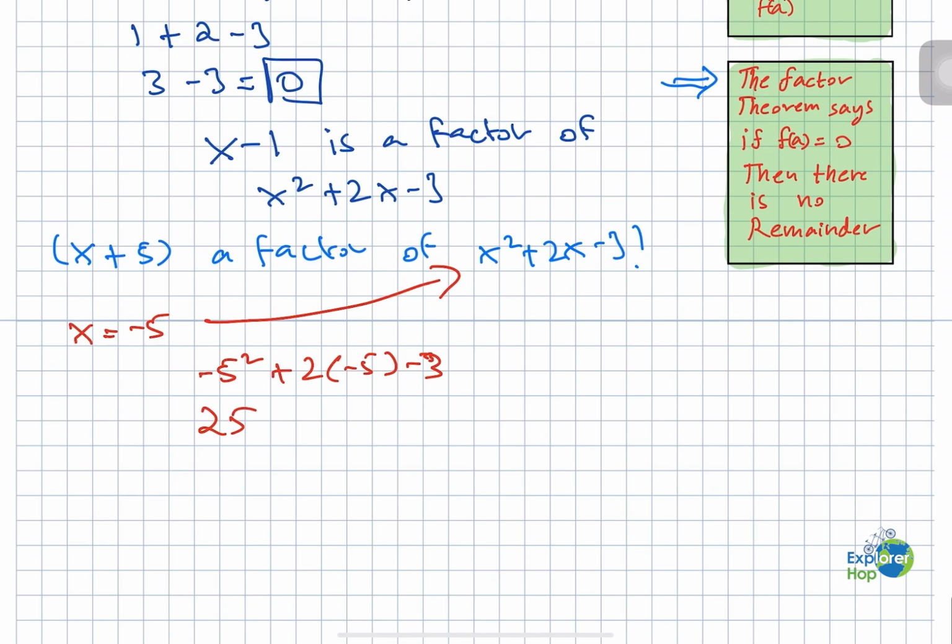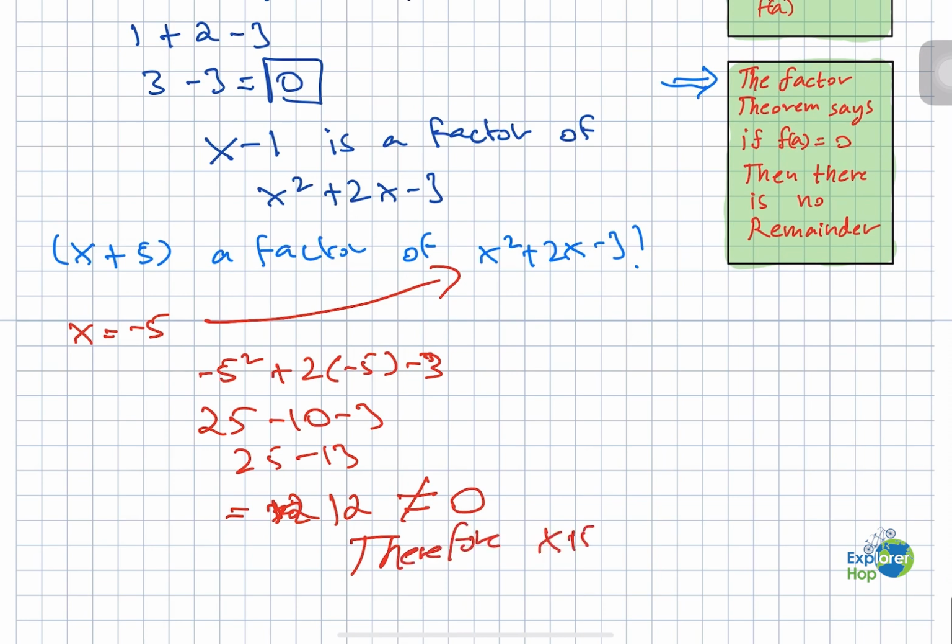That's 25 minus 10 minus 3. 25 minus 13 equals 12. 12, which is not equal to 0. Therefore, x plus 5 is not a factor of x squared plus 2x minus 3.